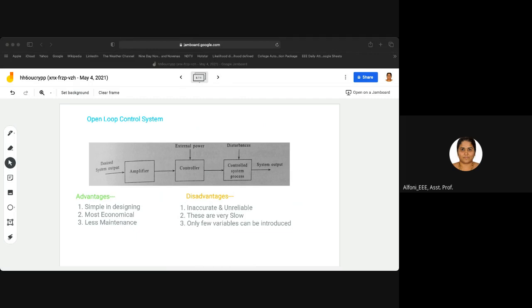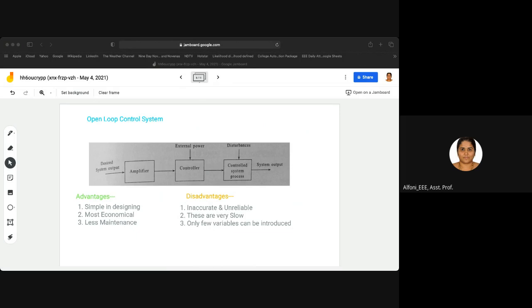It is most economical and not expensive, since it doesn't include any electronic circuitry. The maintenance of the equipment is very easy, and less maintenance is required. And we can say that we can control the system by a human operator in a much easier manner.